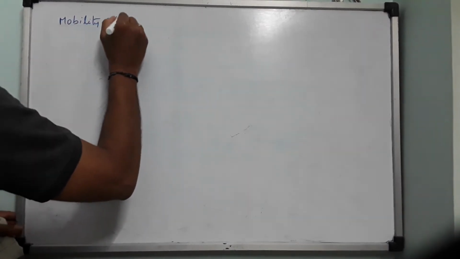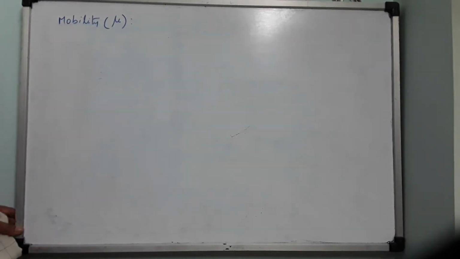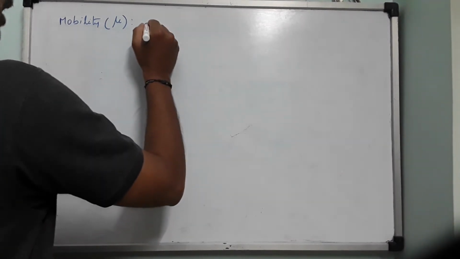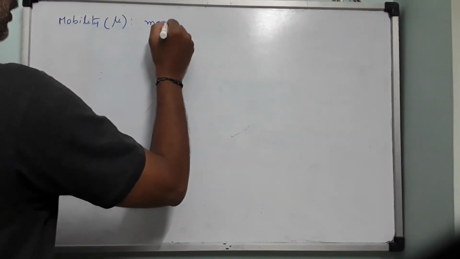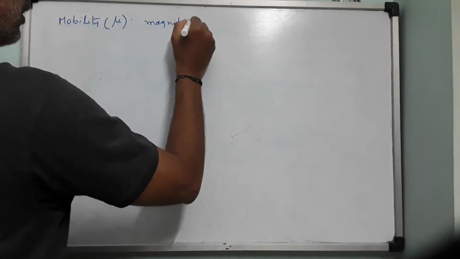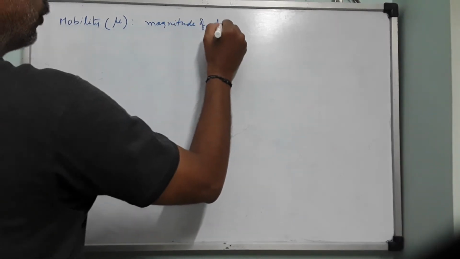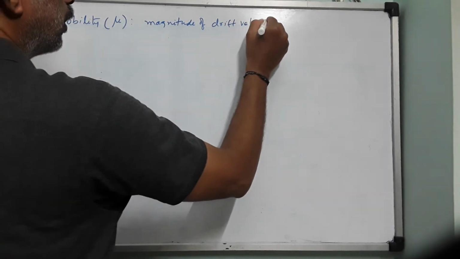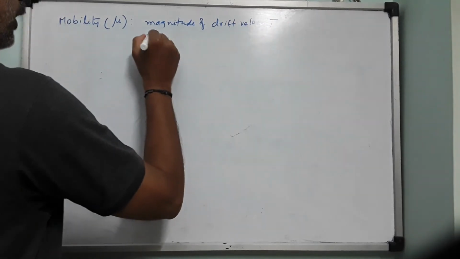This is denoted by the letter mu. Mobility of what? Mobility of free electrons in a conductor. It is defined as the magnitude of drift velocity per unit electric field.